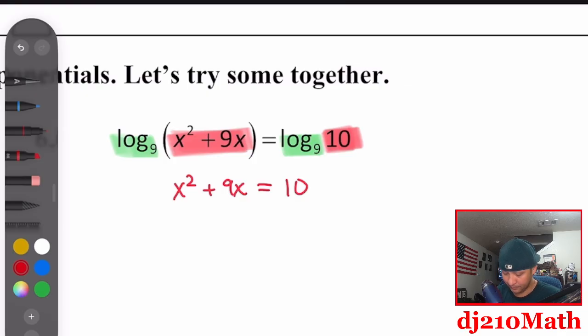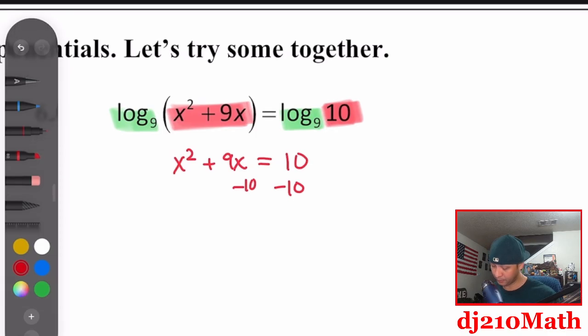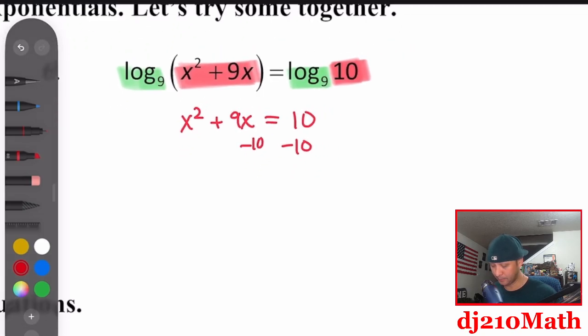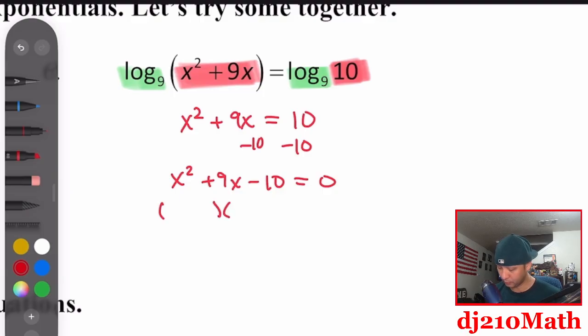It's a quadratic. You have to have instincts enough to know that this is a quadratic that we're solving because of the x squared. x squared plus 9x minus 10 is equal to 0. So we have to come up with two numbers that multiply to make negative 10 that add up to positive 9.